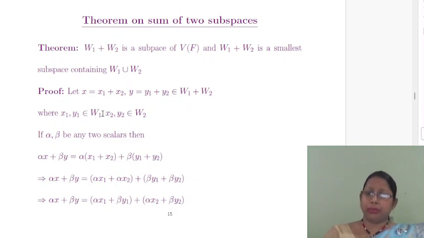A non-empty subset w of a vector space V is a subspace if x, y belong to w and alpha, beta belong to the field, then alpha x plus beta y belongs to w. Using this property, I am getting alpha x1 plus beta y1 belongs to w1, and similarly you can conclude alpha x2 plus beta y2 belongs to w2.